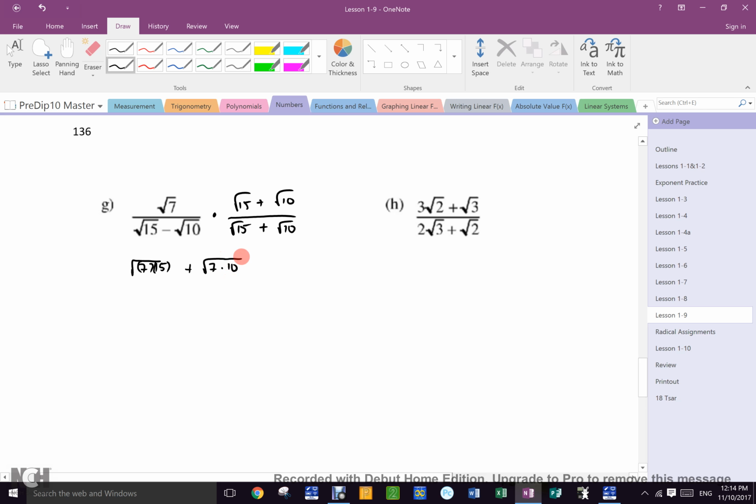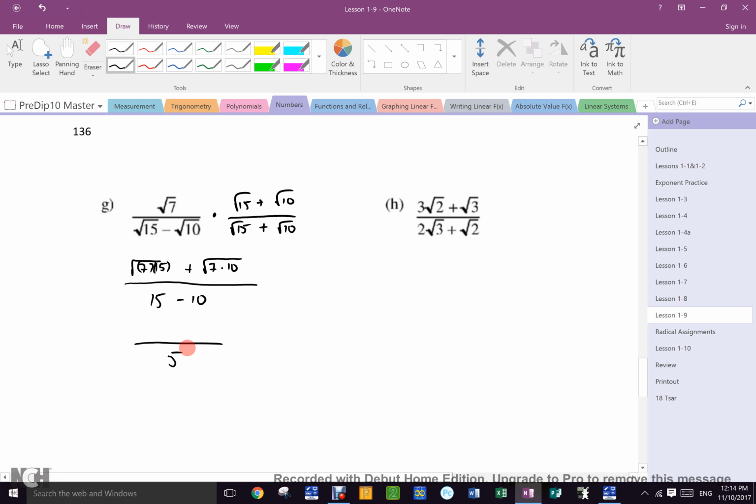I'll show you why in a sec. Over. Now what's happening down here? I'm technically doing FOIL. Do I need to write it out? No, because what do we know is going to happen? The middle term's going to drop out. So I know this is going to be 15 minus 10, yes? Okay. So I know the denominator is 5.